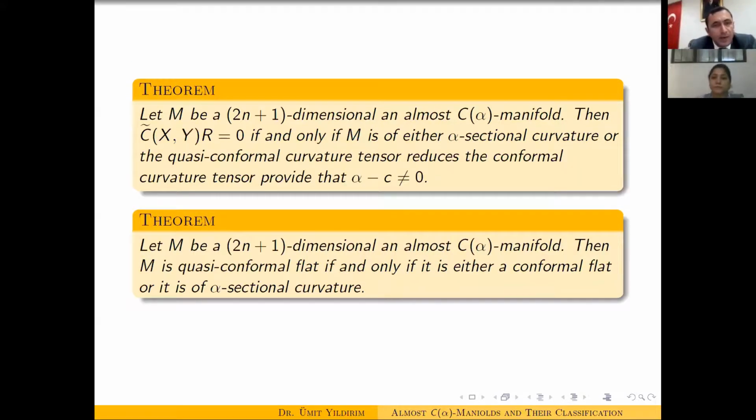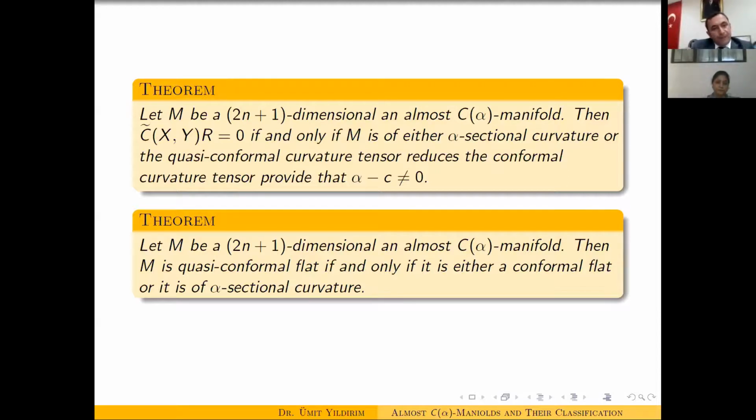New theorem: let M be a 2n plus 1 dimensional almost C-alpha manifold, then C tilde(X,Y) dot R equals 0 if and only if M is either of alpha sectional curvature or the quasi-conformal curvature tensor reduces to the conformal curvature tensor, provided that alpha minus c is not equal to 0.